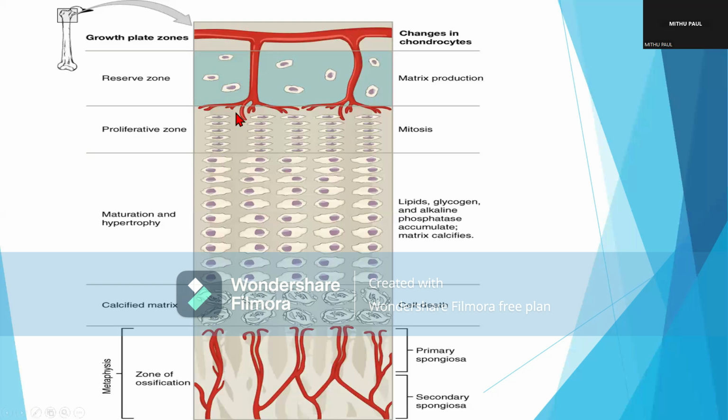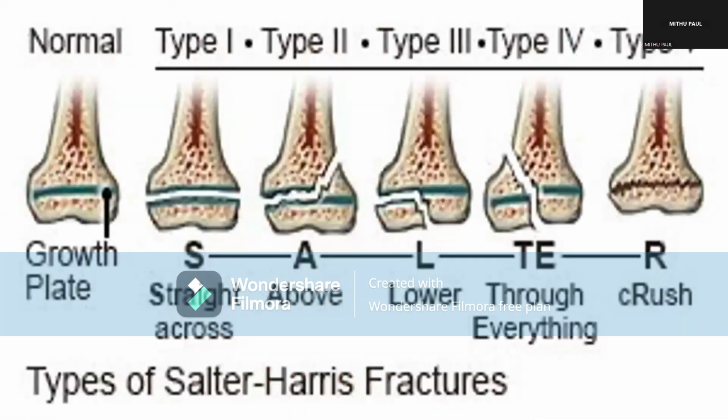Such a classification of injury of this epiphyseal cartilage is the Salter-Harris classification. This is the normal configuration at the end of the long bone. This is the epiphysis, the diaphysis, and between them the epiphyseal cartilage.